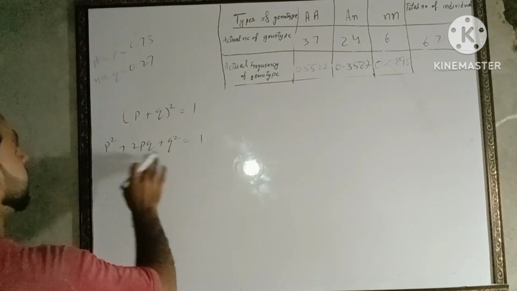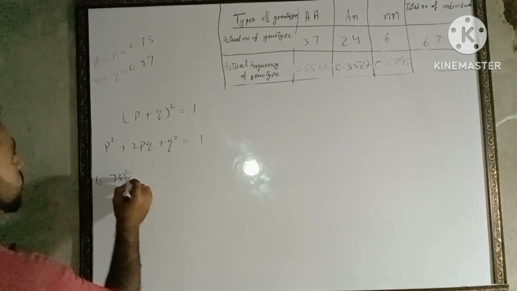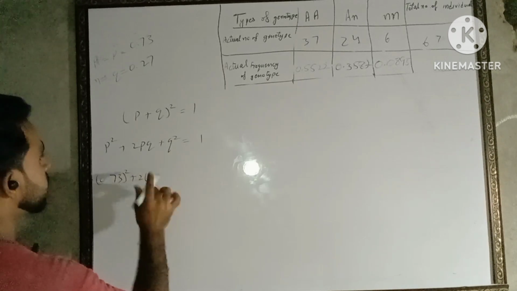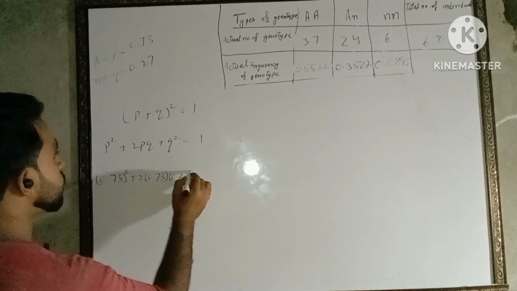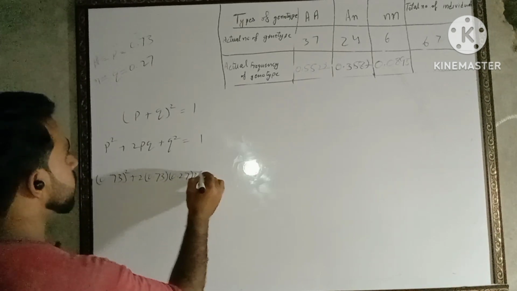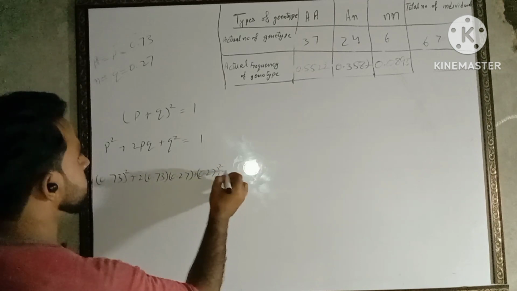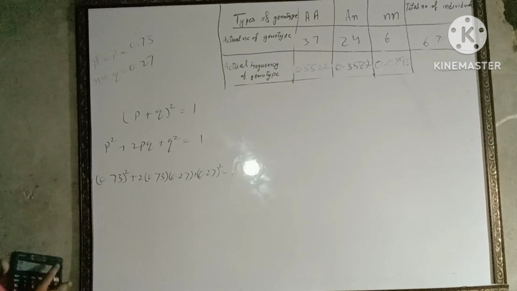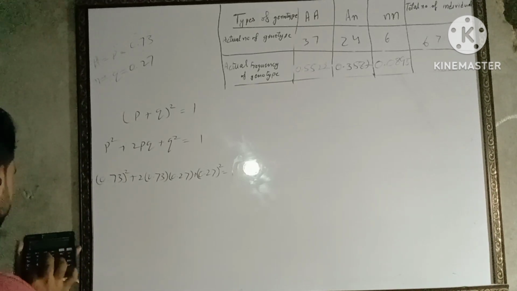Put the values of P and Q in this formula: 0.73 whole square plus 2 times 0.73 into 0.27 plus 0.27 whole square is equal to 1. Okay. What is the square of 0.73?